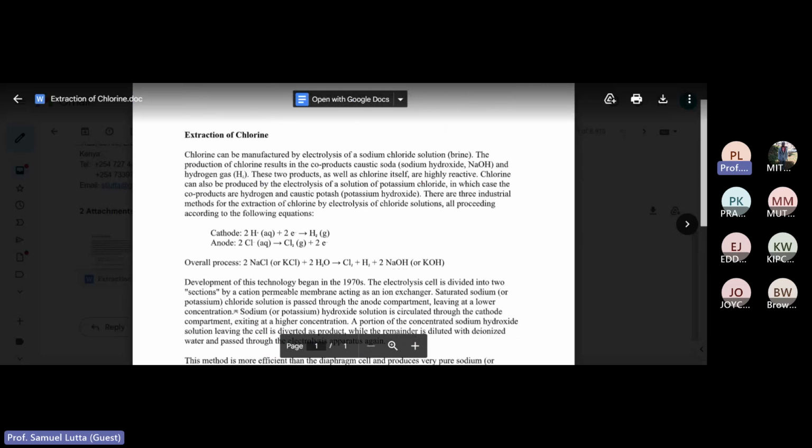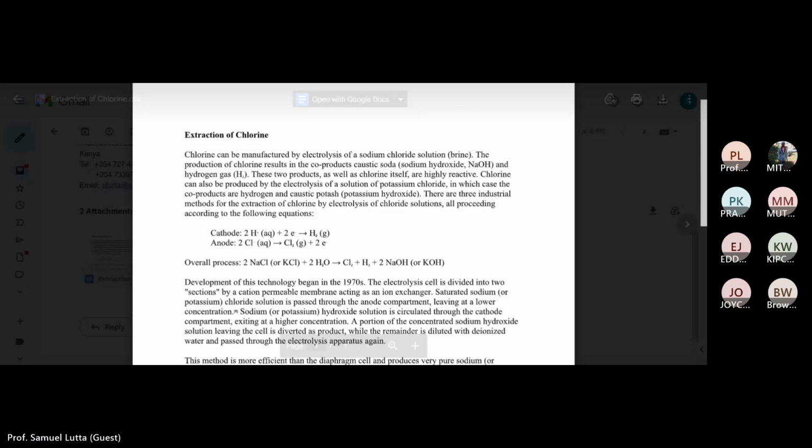Okay, maybe you can take a few minutes just to look at some. I think there is a section of the notes which talks about extraction of non-metals. We had looked at extraction of metals. So for the non-metals, we talked about sulfuric acid through contact process, ammonia through Haber process.